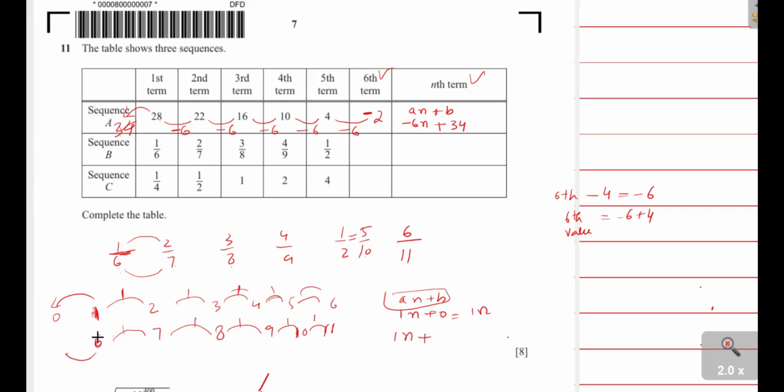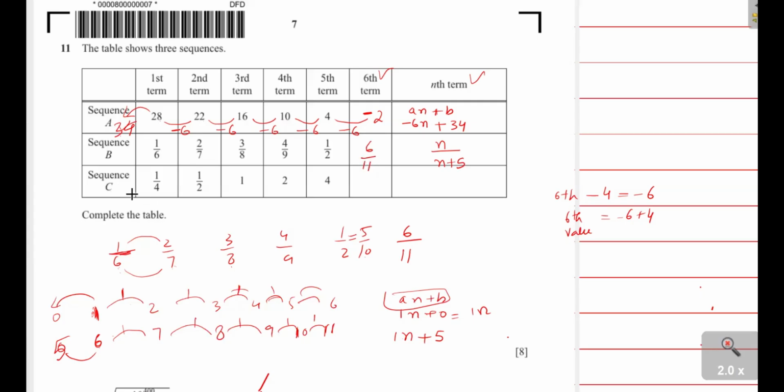The previous value of this 6 is 5 according to this sequence. Therefore, we can write 1n plus 5, and therefore the numerator nth term is n and the denominator is n plus 5. And the 6th term value here is 6 over 11.